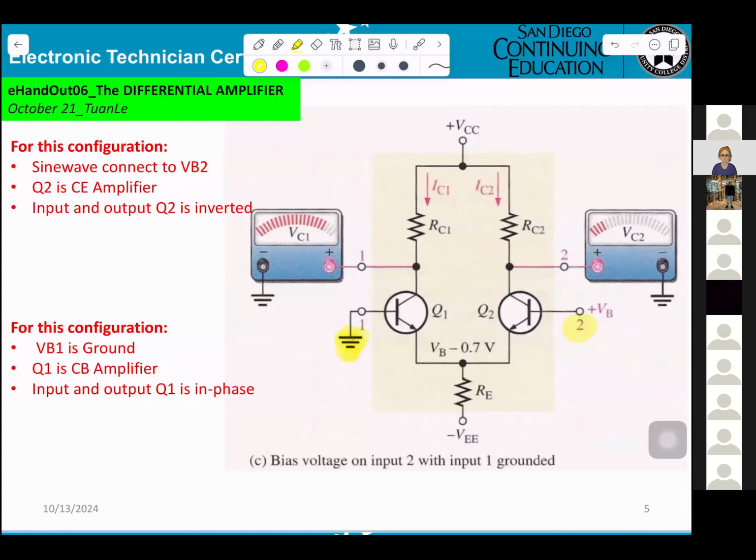So now Q2 will be the CE amplifier and Q1 will be the CB amplifier. They already explained that to you here. They just do the opposite of the other.